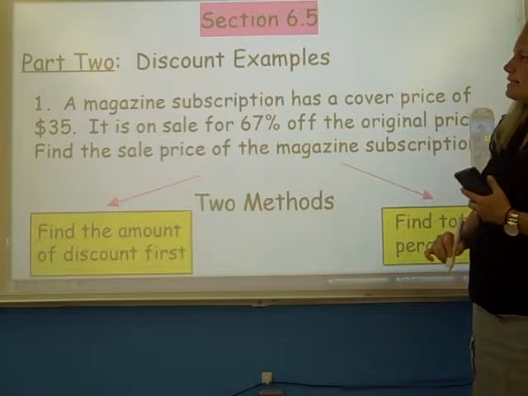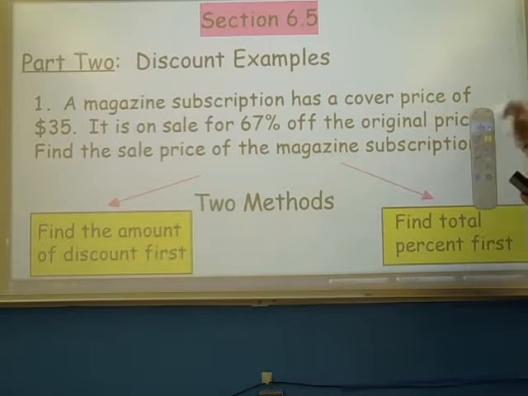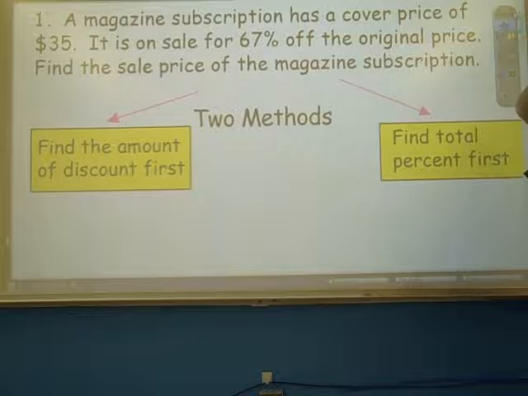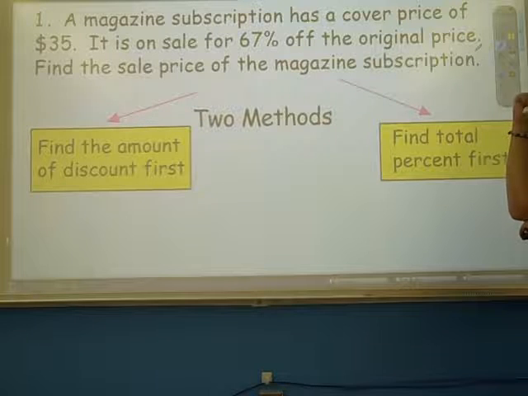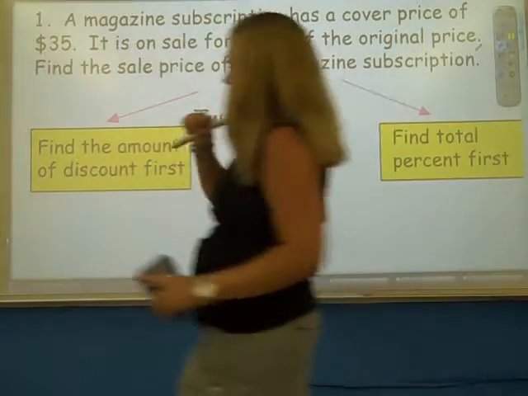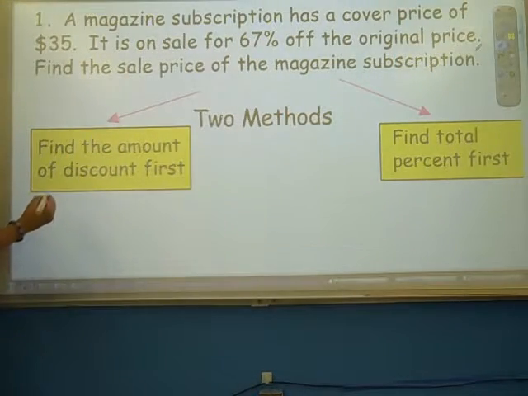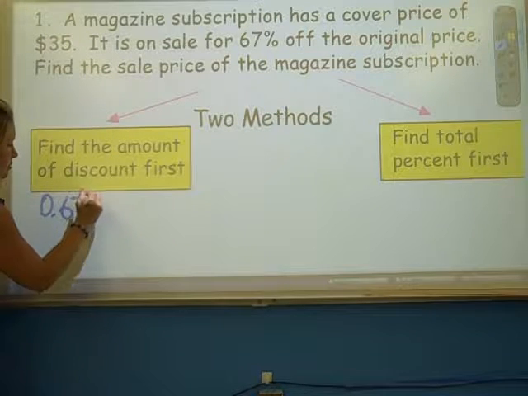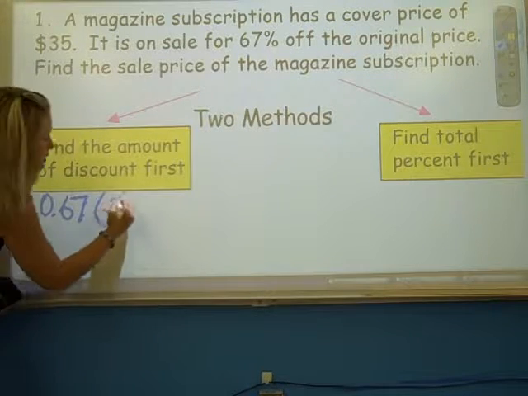Part two, discount examples. Again, I'm going to teach you two different ways. You choose the one you like better. A magazine subscription has a cover price of $35. It's on sale for 67% off the original price. Find the sale price of the magazine subscription. So let's find out how much they're taking off. 67% of $35.